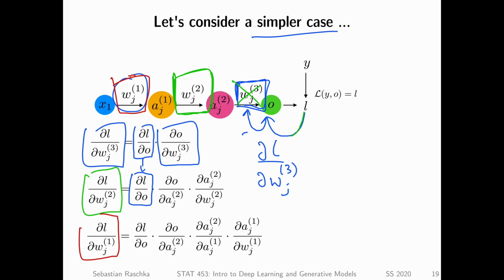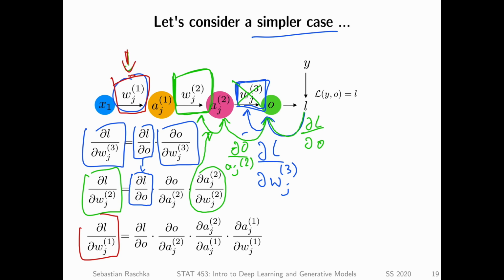So what I do is I backpropagate here, and then here, then here. So this first part would be the derivative with respect to the output, then the derivative of the output with respect to aj2, and then lastly this derivative is this part. So this is for the second weight, and then for the first weight here, we do the same thing.